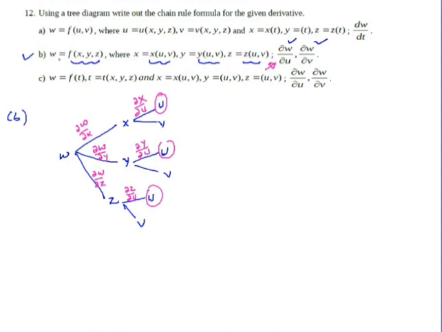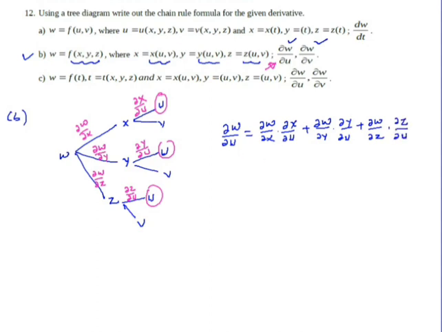So when we write down this chain rule, the partial derivative of w with respect to u is equivalent to w with respect to x and x with respect to u, this is one path, plus the partial derivative of w with respect to y and y with respect to u is the second path, and the third path is w with respect to z and z with respect to u.